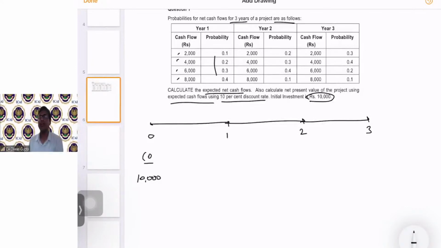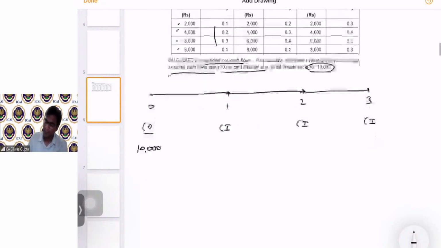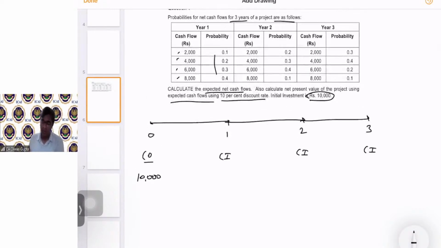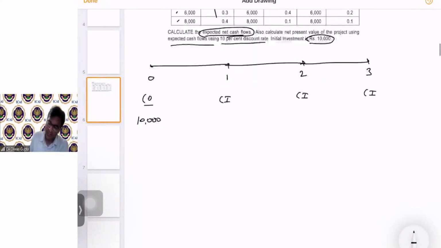This is certain. There is no element of uncertainty in this. Year 1, year 2, and year 3, we will have cash inflows. So this first part of calculating the expected net cash flow is fairly simple, right? Because we will just simply multiply with the probability to arrive at the mean.